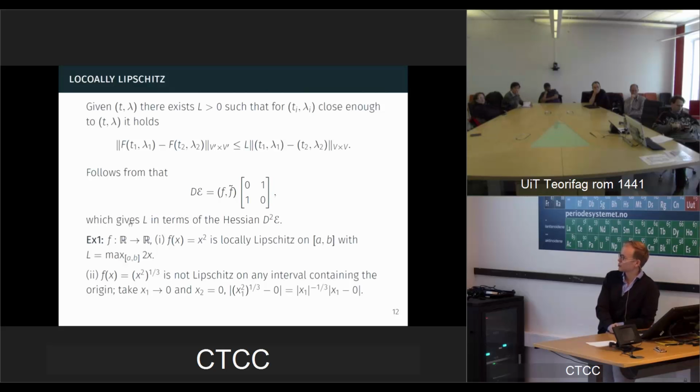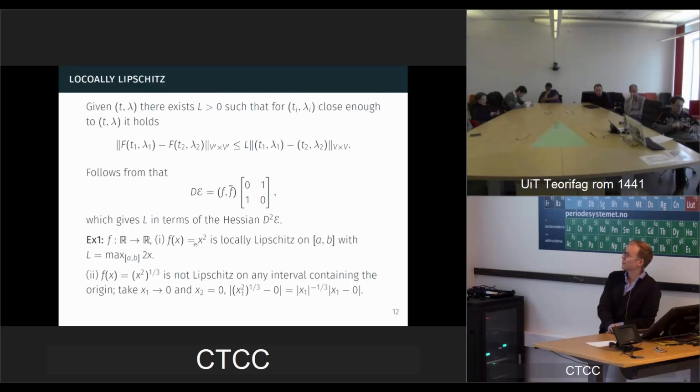So let's just look at a simple example here for local Lipschitz. For instance, let's take this function here on the real line, x squared. Then if you plug it into the definition and just make use of the conjugate rule, you can see you can estimate the Lipschitz constant like this.